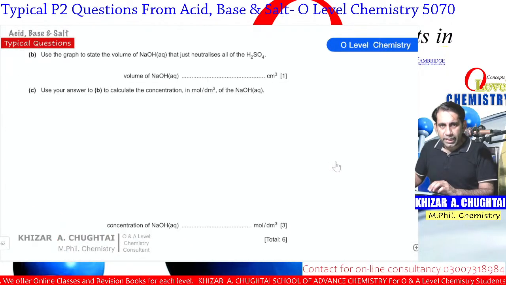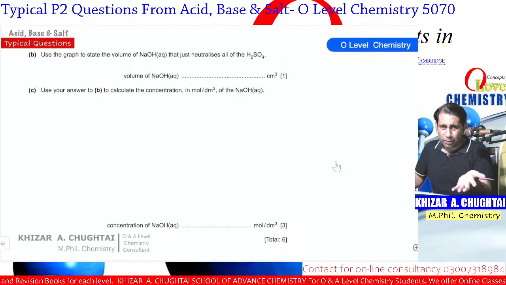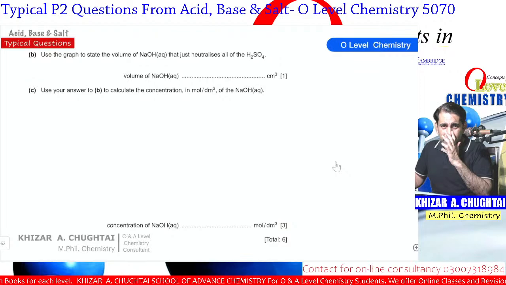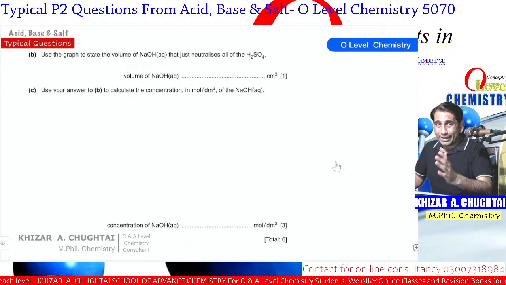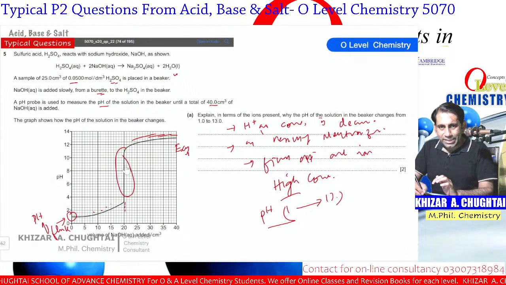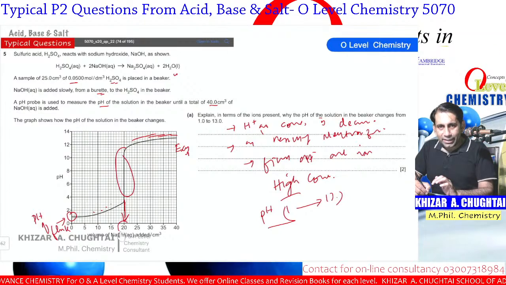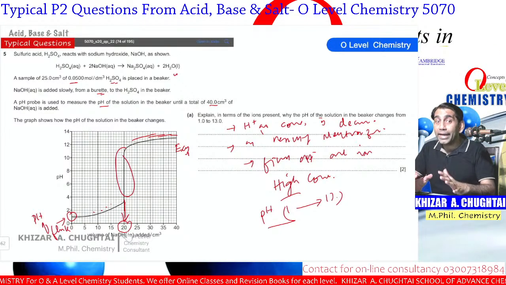So the next one is a similar one. Again, he is asking to find the volume of NaOH that was used till the end point. Once again, as I told you, you can see it over here. Then this straight line, when you extrapolate it towards the x-axis, this volume is the volume needed till the end point.